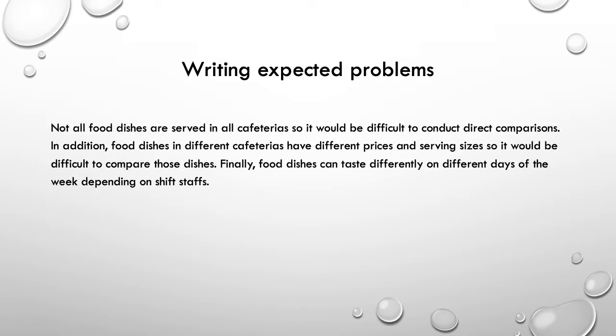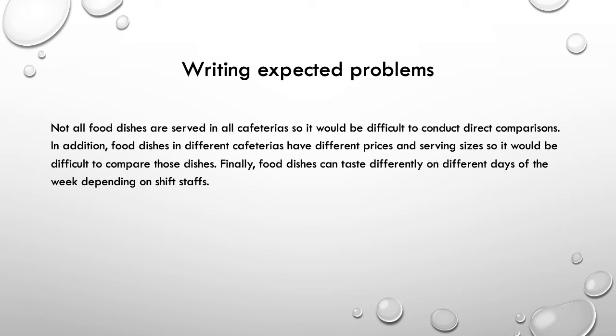Writing expected problems. What problems do you think would happen to your research? Ideally, researchers would write down what problems they think might occur, and then in the process of research, try to avoid those problems.